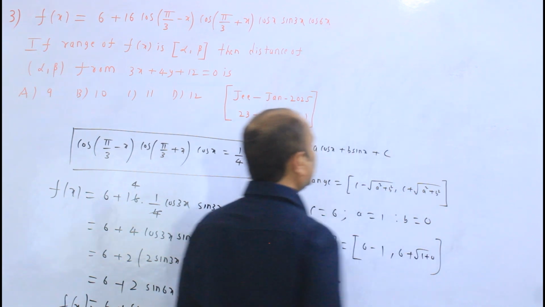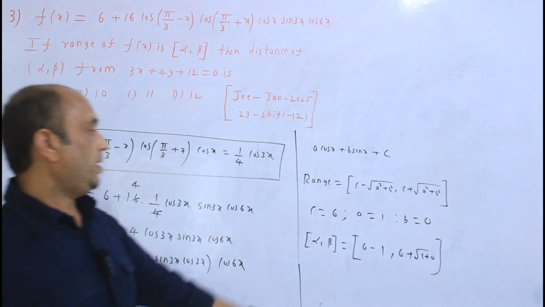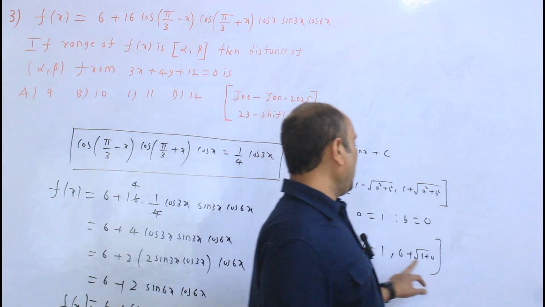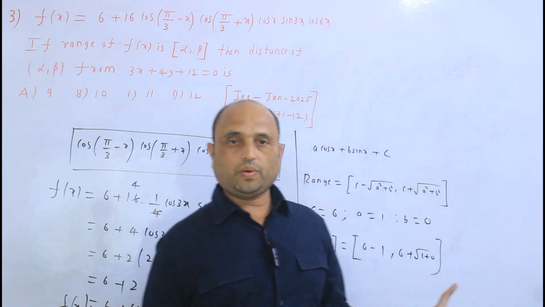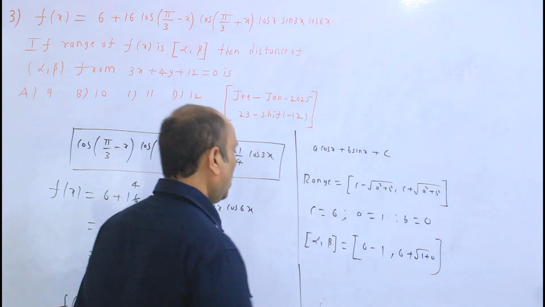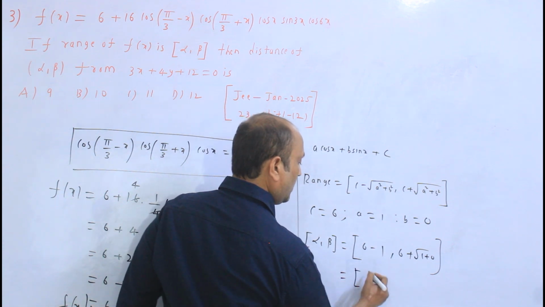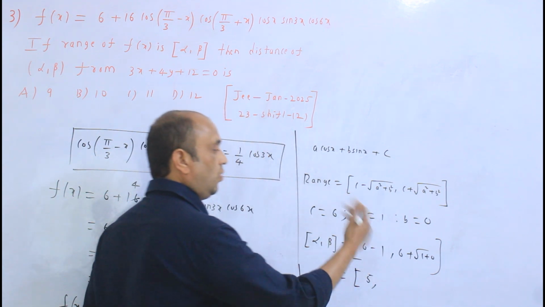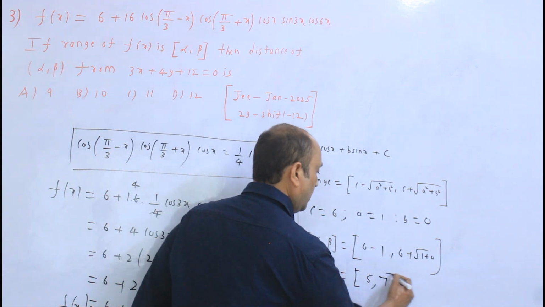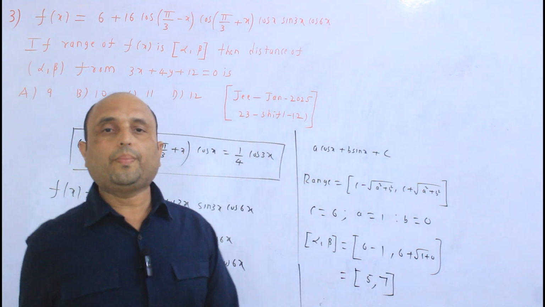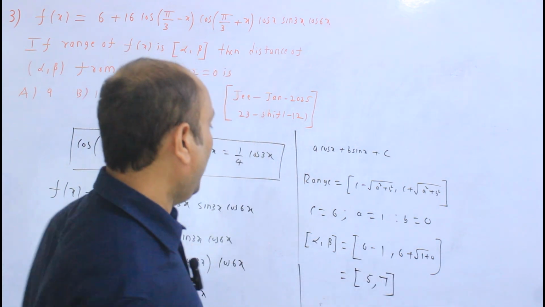So our required answer is 5 comma 7. This is alpha comma beta, 5 comma 7.